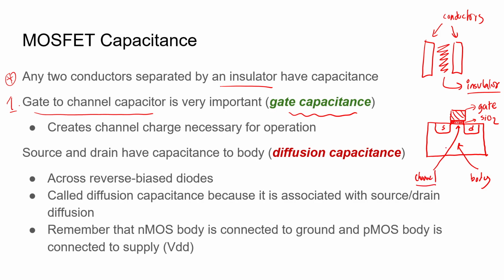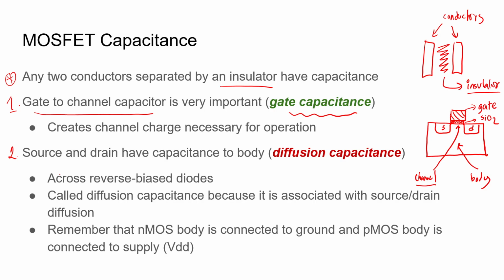This channel is formed because of the gate capacitance: when we apply some voltage at the gate, charges are stored underneath the gate, and that helps us create the channel for the current to flow in the device.